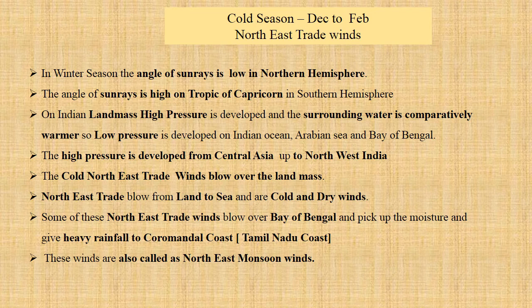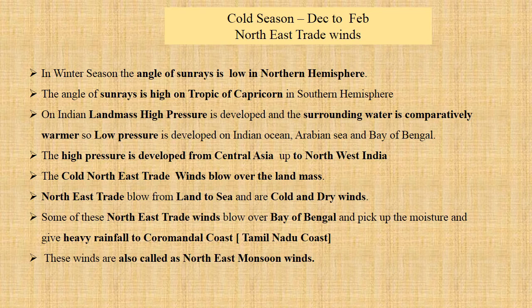As we have already started discussing the cold season, that is December to February, let's have a quick recap of why we have the cold season after the retreating monsoon. Point number 1. In winter, the angle of sun rays is very low in the northern hemisphere. Why does this happen?